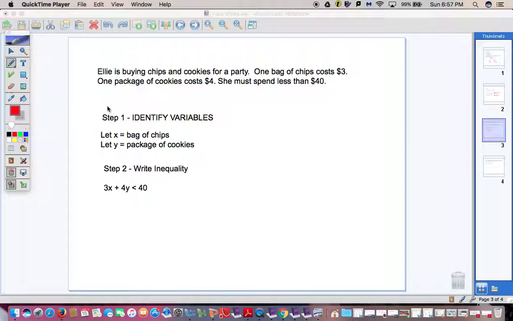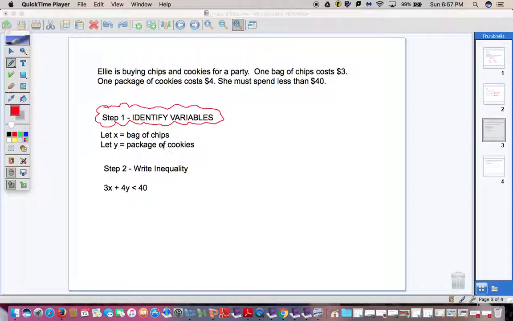So your step 1 is the exact same step 1 as writing equations. You must identify your variables. And here, C is not a good variable to use because both chips and cookies start with C. So I said let X be our bag of chips and let Y be a package of cookies.